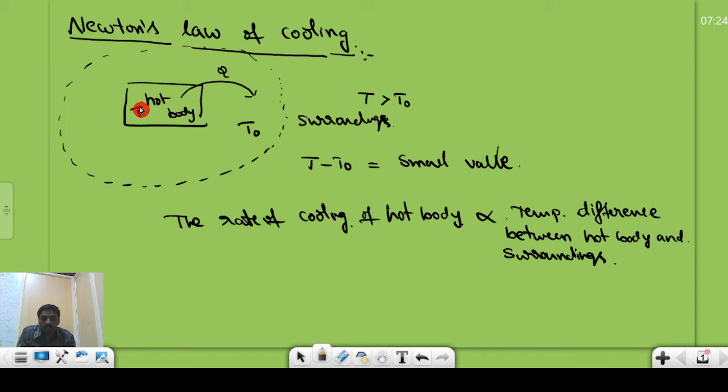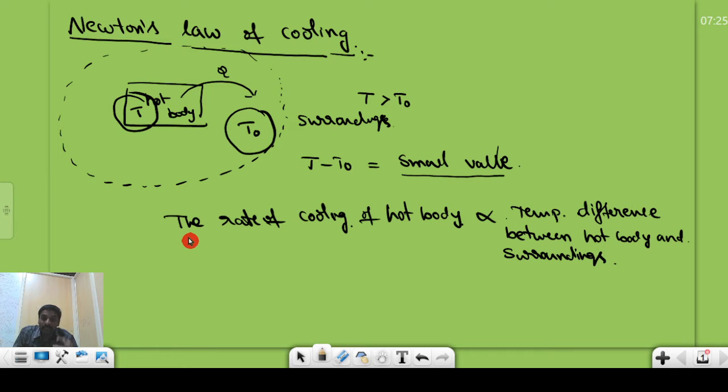Let me assume we are observing the hot body temperature at an instant. While we are doing the experiment, at that particular time the hot body temperature is T and the surrounding temperature is T naught. Please keep it in your mind. The hot body will not change the temperature of the surrounding, because the temperature difference is a very small value. Then only we will approach this concept.